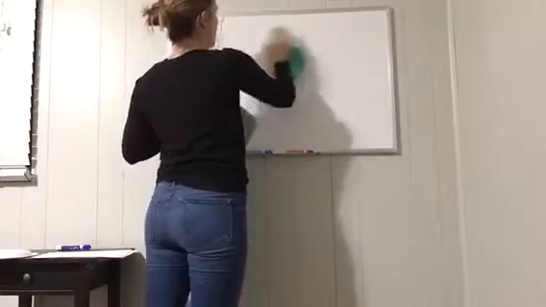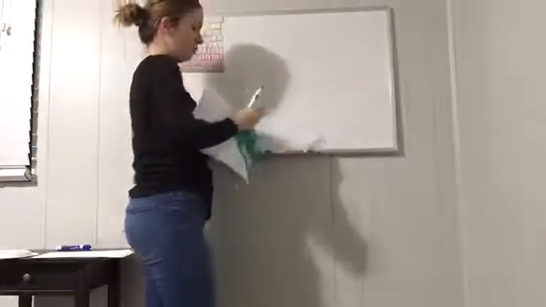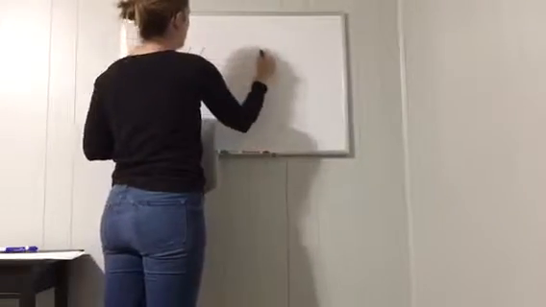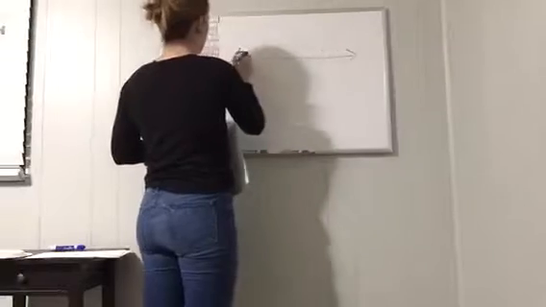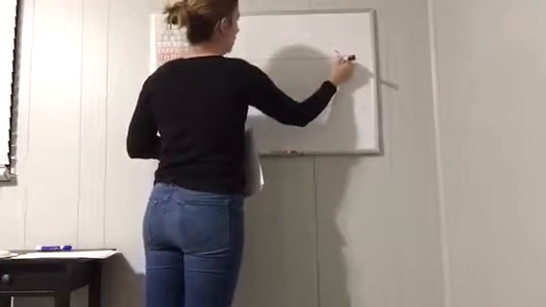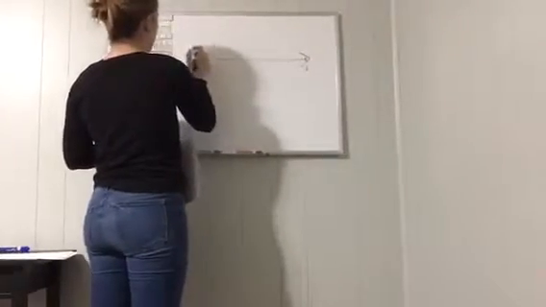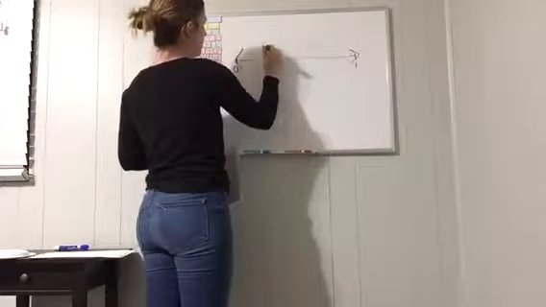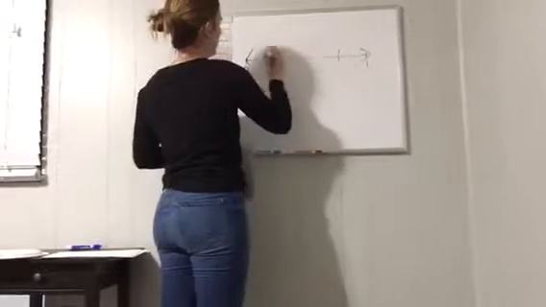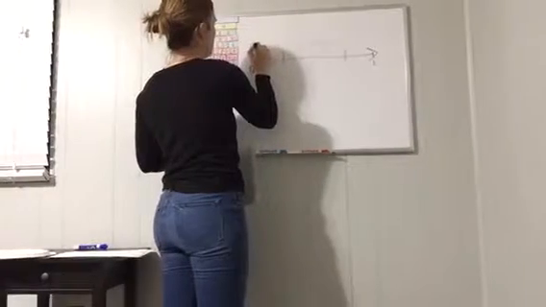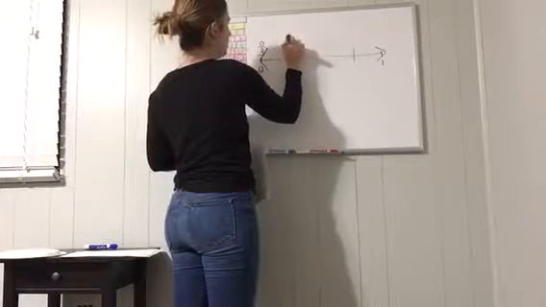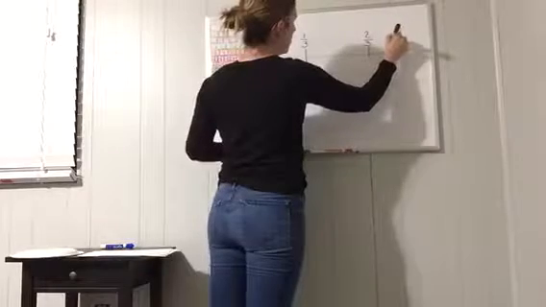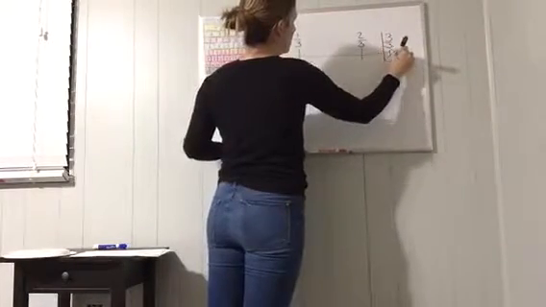Another way that they could look at this would be to make a number line from 0 to 1 and have them partition it into 3. So 0/3, 1/3, 2/3, and 3/3 equals 1.